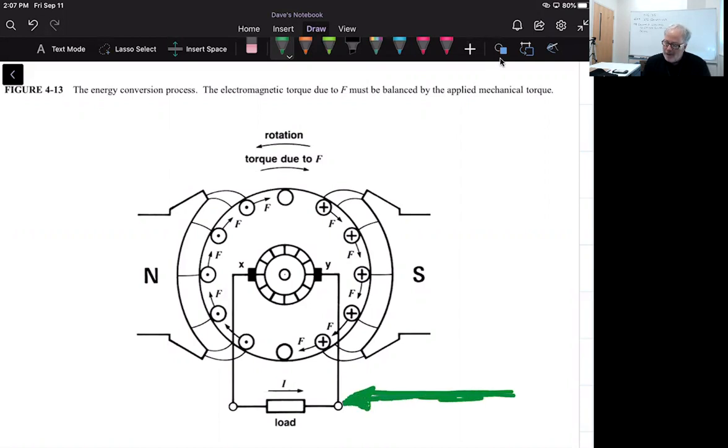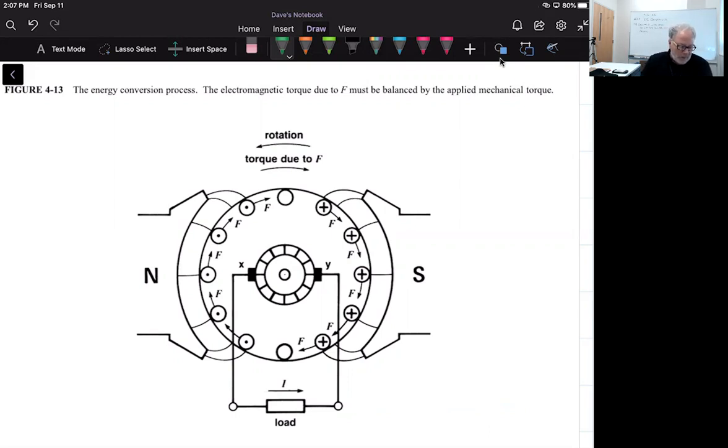But it could be much more complicated than that. It could be anything that receives electrical energy, lights and anything that we connect to it.